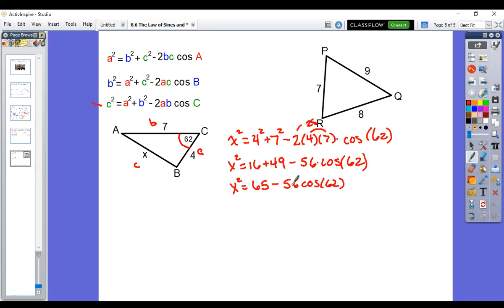These are together, they're one thing, so they cannot subtract. So we have simplified this as far as we can go. Now we're going to actually put this in the calculator. Get out your calculator. You put 65 minus, and do 56 times cosine of 62. Close your parentheses, hit enter. You should get the answer 38.710.